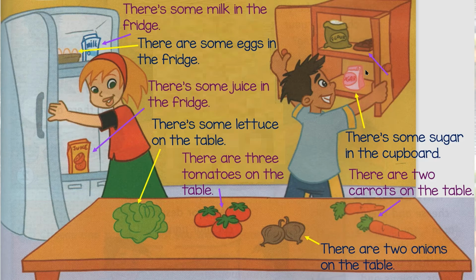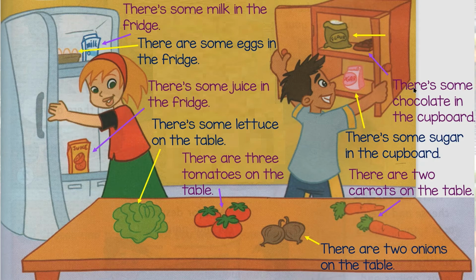We will have to use there's some in our sentence. There's some chocolate in the cupboard. Lastly, flour. Can we count flour? There is not the flowers in your garden. This flour is used for making noodles and bread. We can't count it. Our sentence should be, there's some flour in the cupboard.